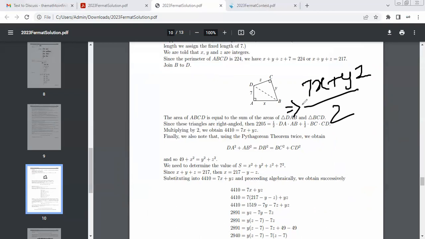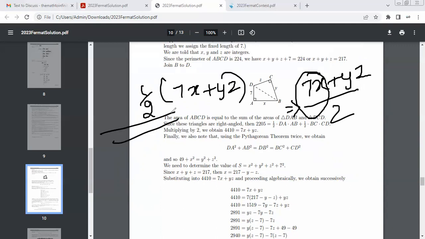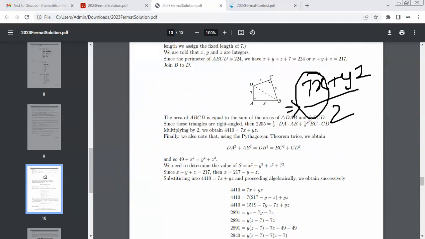You can only take the 1 by 2 common outside. 7x also has the denominator 2 and YZ also has the denominator 2. One thing you can do is write it as 1 by 2 times (7x plus YZ). This is possible. You won't be able to add 1 by 2 and 1 by 2 as 1. So this is the area of the quadrilateral now.